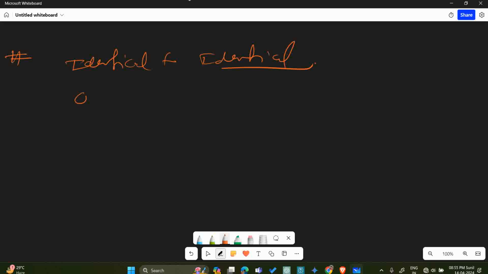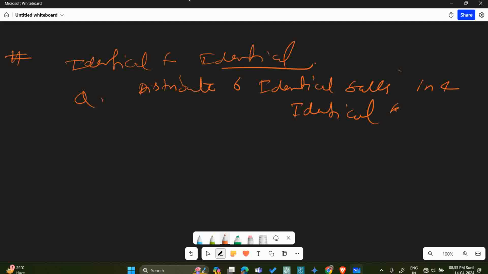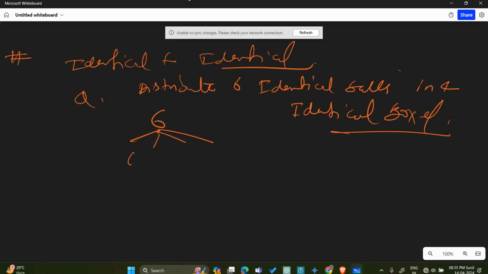The question is: distribute 6 identical balls in 4 identical boxes. How can we do this? We have 6 balls. We have to distribute them in 4 boxes. It would be like 6, all of them in this, then 0.